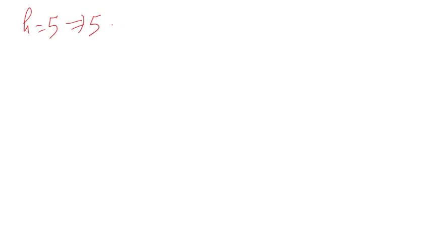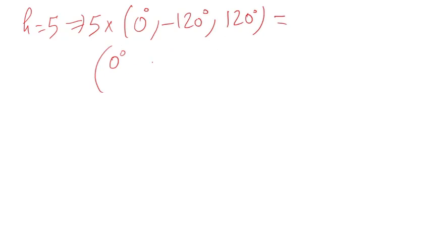So again, 5 times 0, minus 120 degrees, 120 degrees. 5 times 0 is just 0. 5 times minus 120 degrees is just minus 600. 5 times 120 is 600 degrees. So 0 degrees doesn't change.